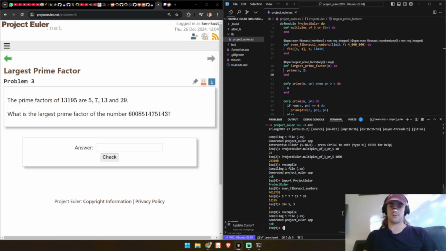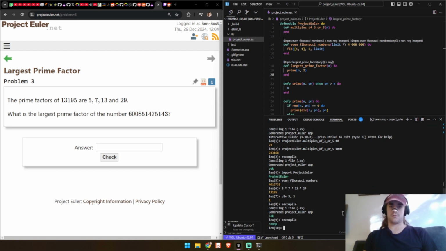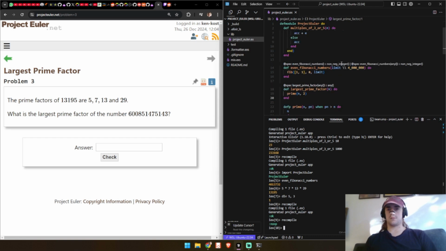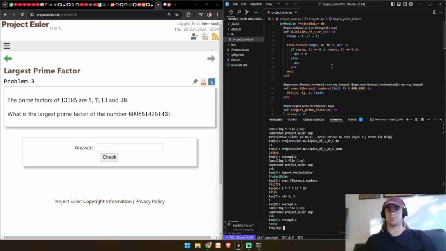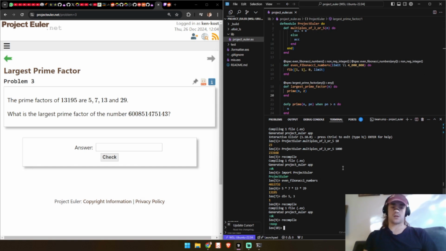That's right. So I can call multiples. Call even Fibonacci. But largest prime factor.